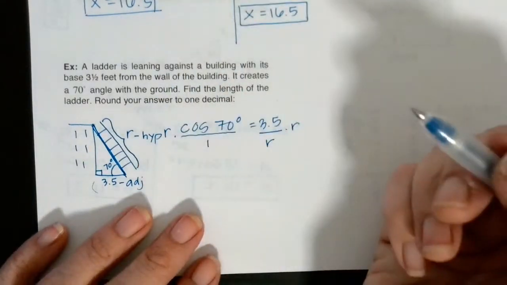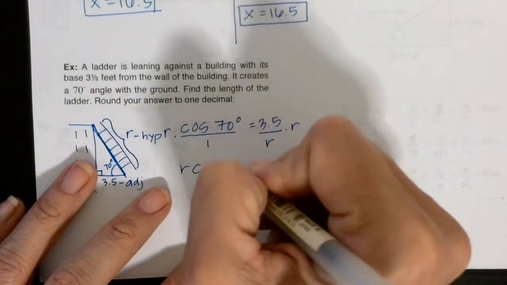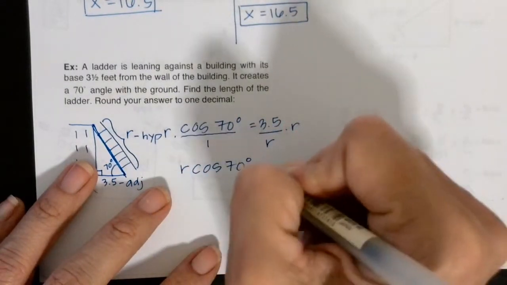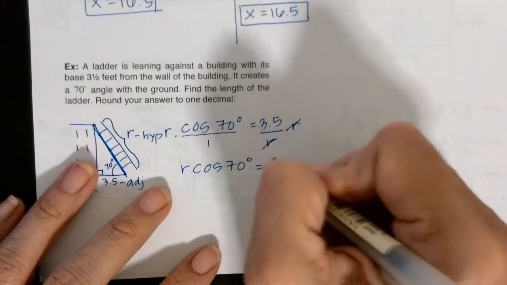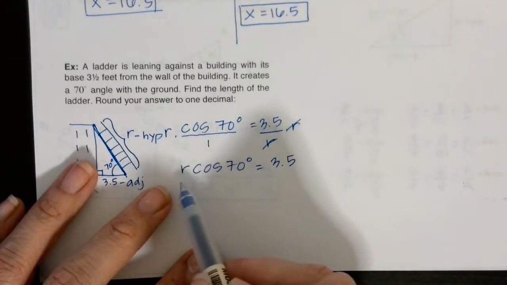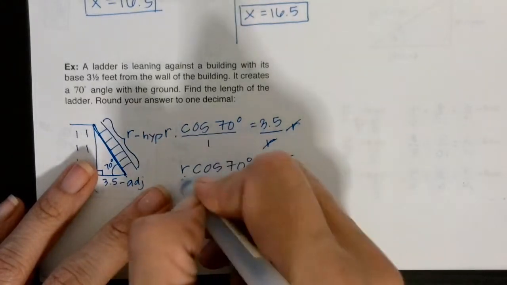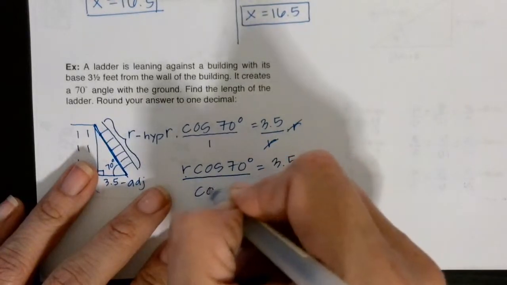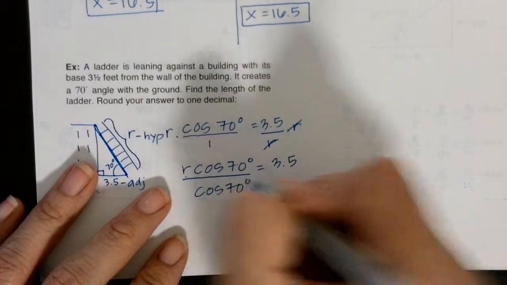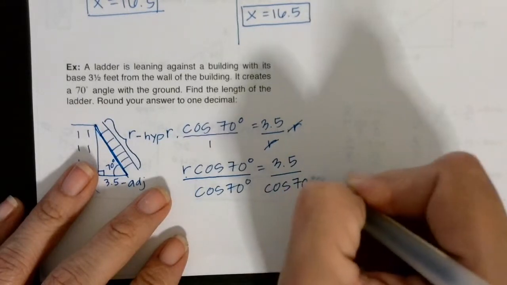You don't really need to put it over 1, that's why I was just saying, but it's fine. There's 2 ways to do this, so I'm going to go with this approach. I'll show you the other one in class. Okay, so we get r times the cosine of 70 degrees equals 3.5. My job is to solve for r, so I need to divide both sides by the cosine of 70 degrees.